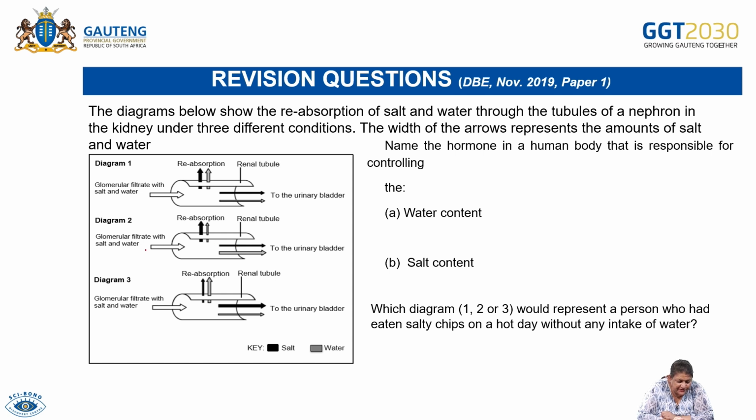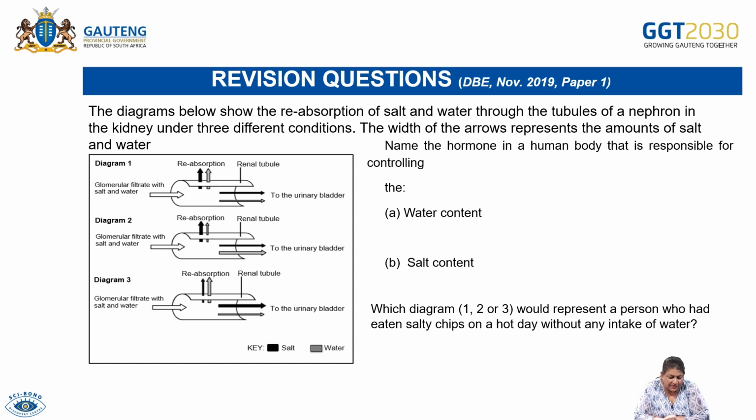So glomerular filtrate with salt and water, you're going to see that more salt is going to be reabsorbed here and less water. All right, and then you're going to look at diagram 3, glomerular filtrate with salt and water. Here's your filtrate coming with salt and water, and now you're going to see more salt was absorbed than water. More salt was absorbed than water, and then the rest went to the bladder and the kidney tube to the bladder.